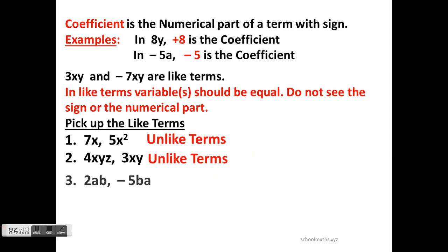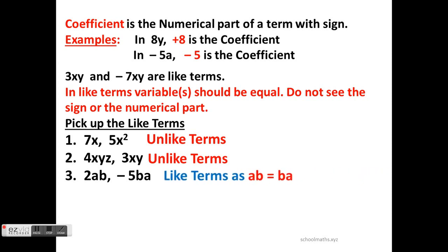No. 2ab minus 5ba. Are they like terms? Yes, they are like terms because ab and ba are the same. Here also ab, there is also ab. Don't see the signs or numerical part.